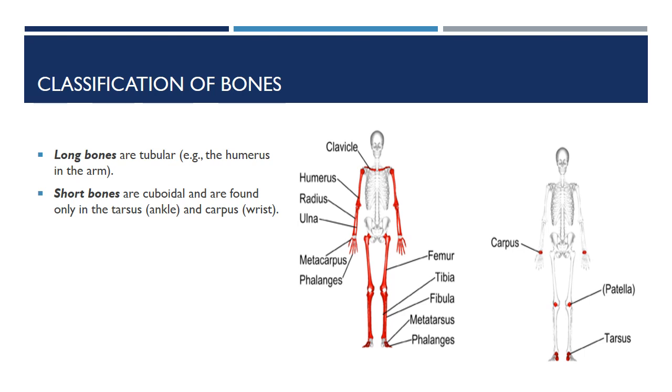Okay, next is the short bones. Short bones are cuboidal in shape. They include the carpal and the tarsal bones. Short bones are composed of spongy bone and marrow surrounded by a thin layer of compact bone.